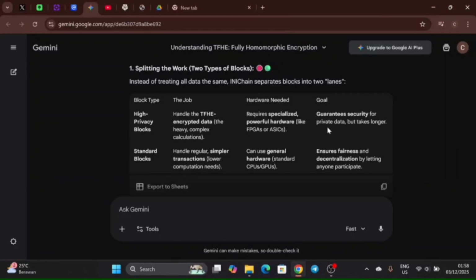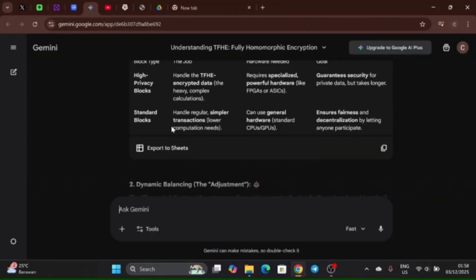The goal is to guarantee security for the private data, but it takes longer. The standard block handles regular, simple transactions with lower computation needs, and can use general hardware, standard GPU and CPU.